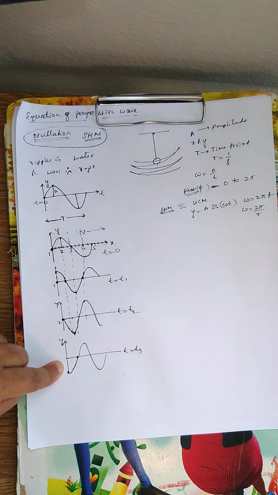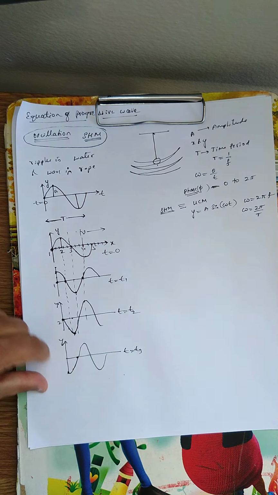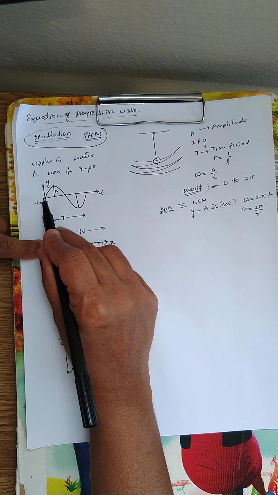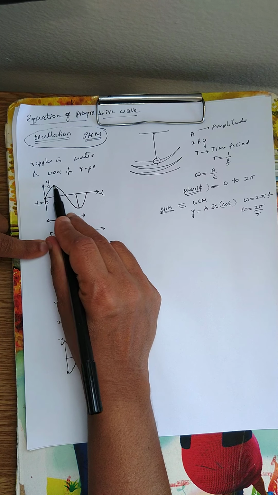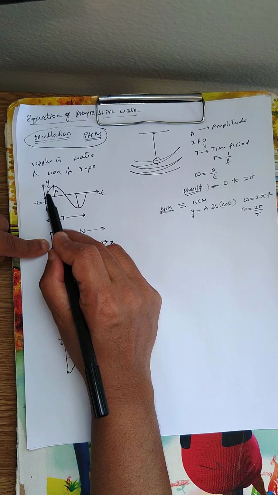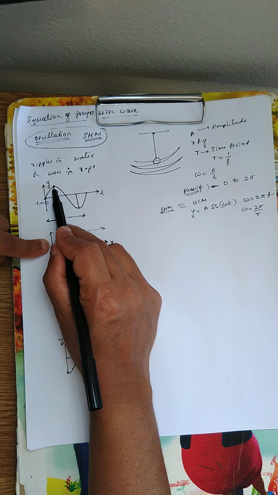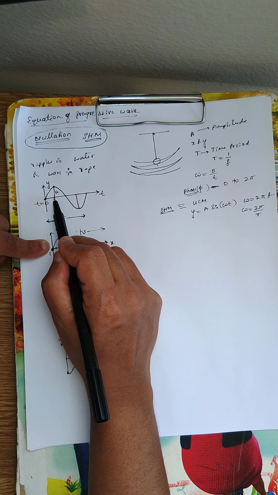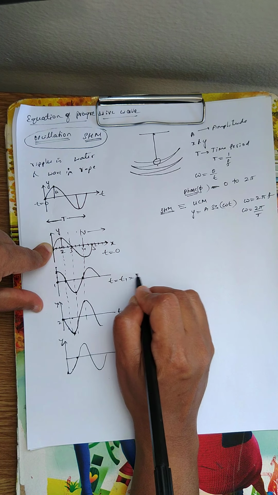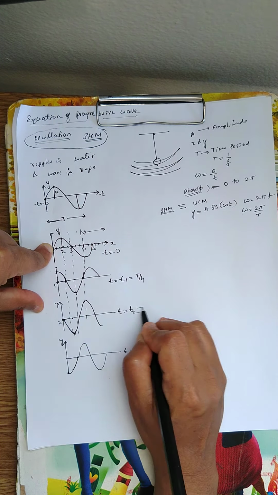Can you guess what T1, T2, T3 might be? The time period is the time taken for the particle to complete one cycle, so the time taken to go to a positive extreme, or from positive extreme to mean position, must be 1/4 of the time period. I can write it as T/4.